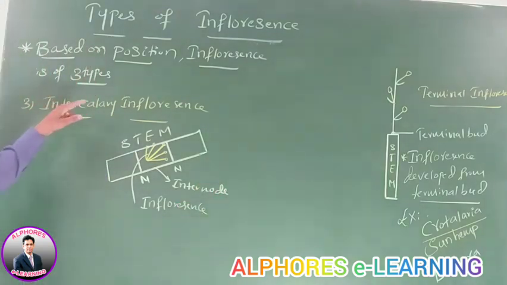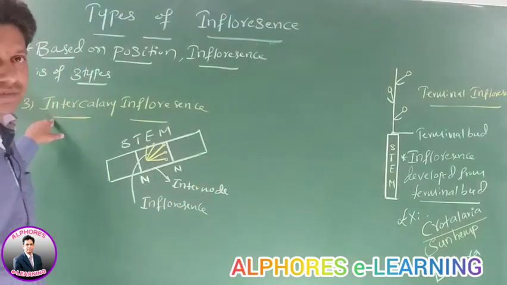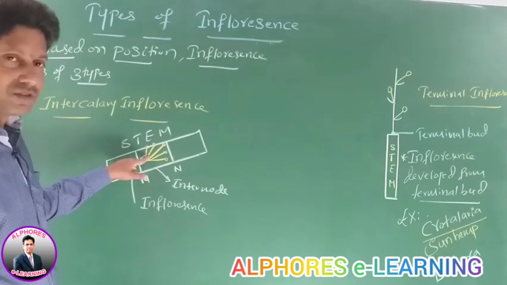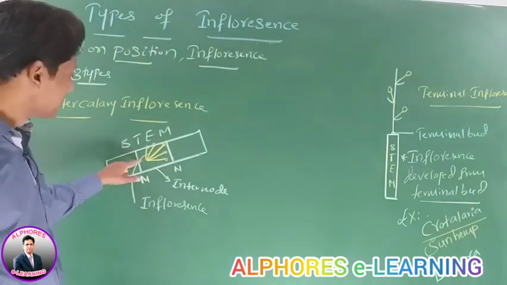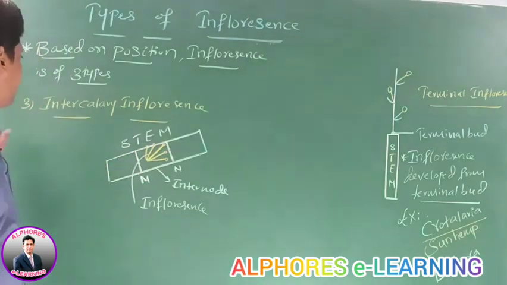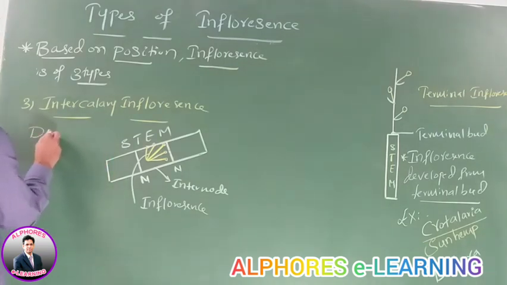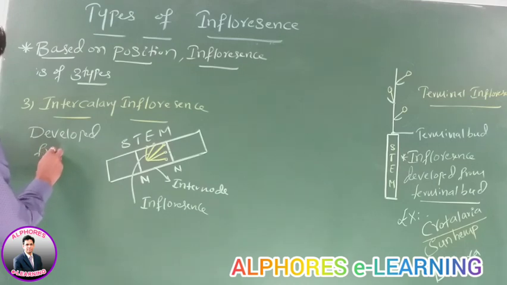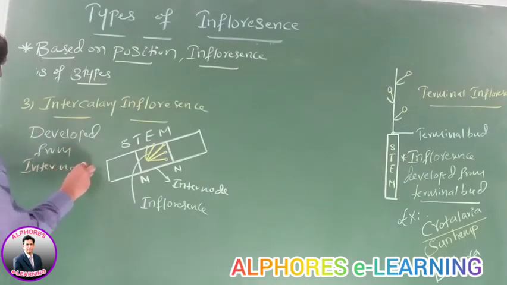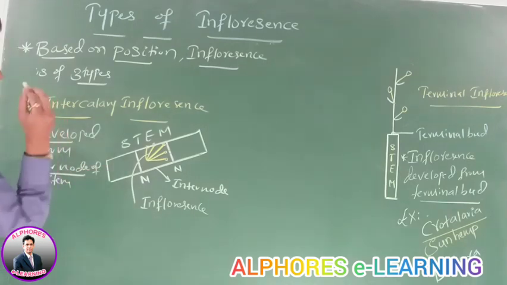This is intercalary inflorescence. Inter means in between. This inflorescence is developed from the internode, which is present between two nodes. Therefore, intercalary inflorescence is developed from the internode of the stem.